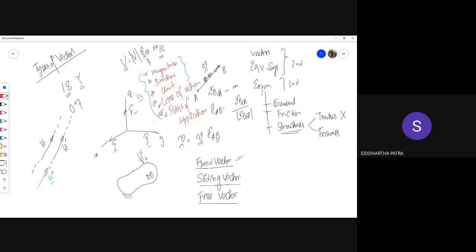If it is not supported, it can generate a certain amount of acceleration, or because it is not passing through the center of mass, maybe it can generate a moment and cause the rotation of the object itself. So it could be rotating about the center of mass, center of gravity. All of these are there.